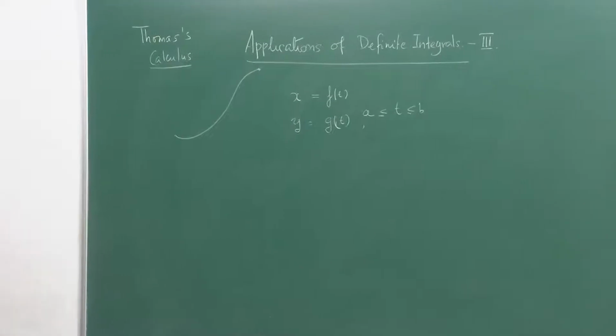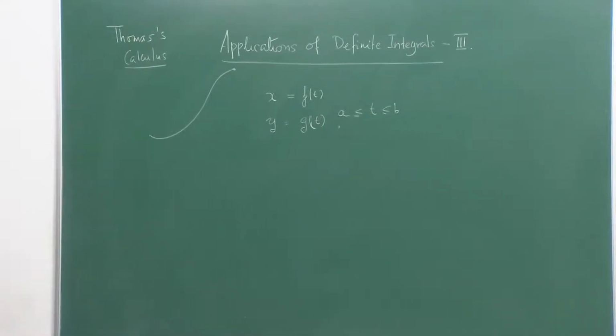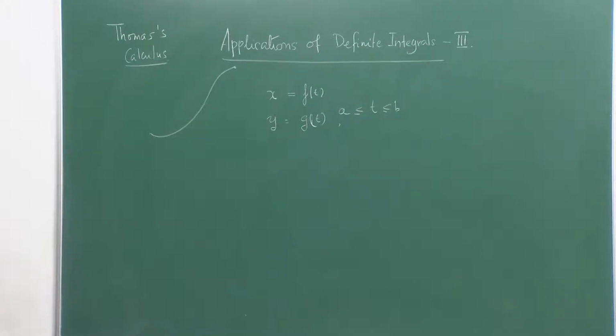And writing a book like Thomas and Finney, like when I was a young undergraduate student, then we had this book Thomas and Finney, Calculus and Analytic Geometry, but Thomas has died after that. Now you have Thomas's calculus, which basically means the same book, but some other people are adding on to it.